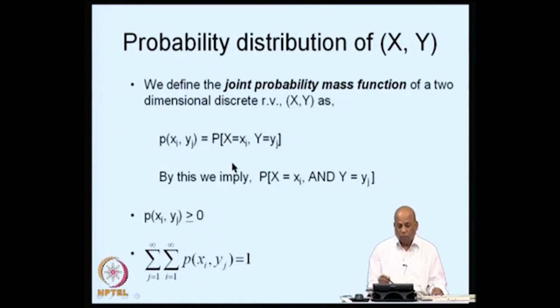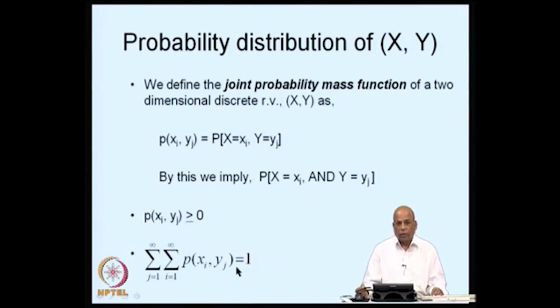Now, by the definition of probability, obviously this p(x_i, y_j) is non-negative, and the sum of all the probabilities over the entire region of x and y must be equal to 1.